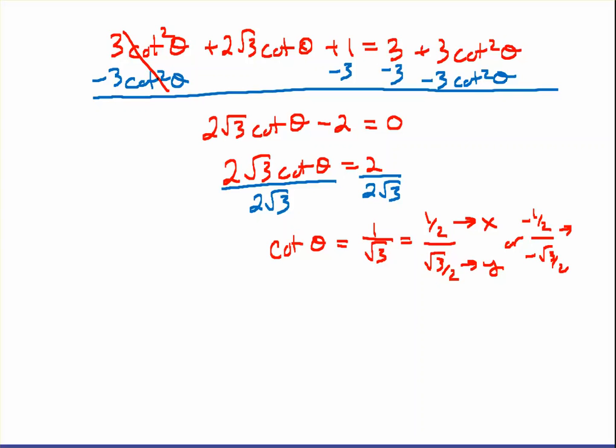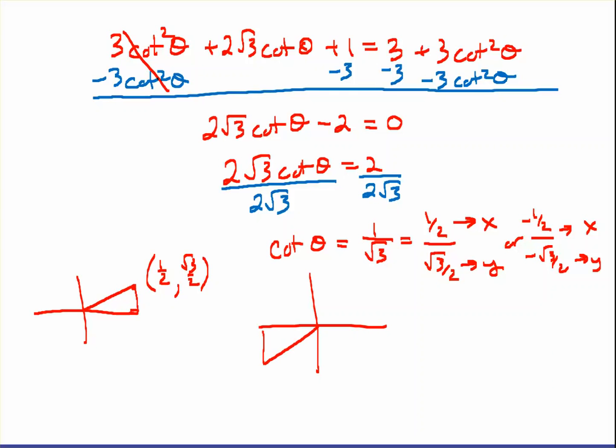Let's look at quadrant 1 first. My coordinate is x is a positive 1/2, y is root 3 over 2. What angle is that? Pi over 3.